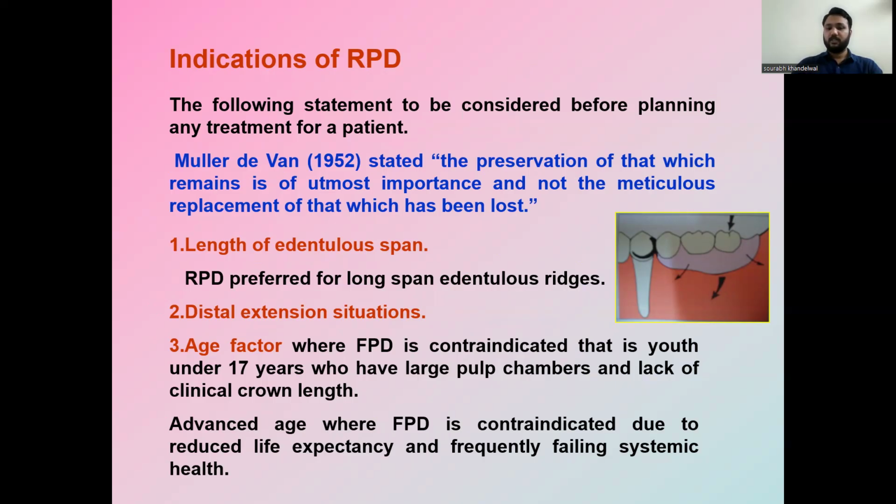And advanced age, where FPD is contraindicated due to reduced life expectancy and frequently failing systemic health. Even implants are not possible in such cases because the minimum age for an implant is 18 years. So then we have to go for a removable partial denture treatment.